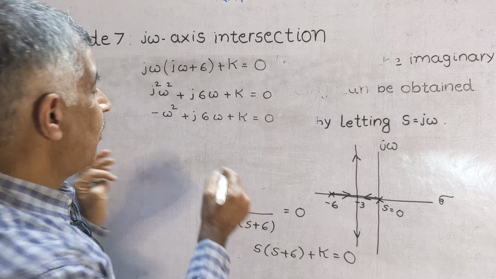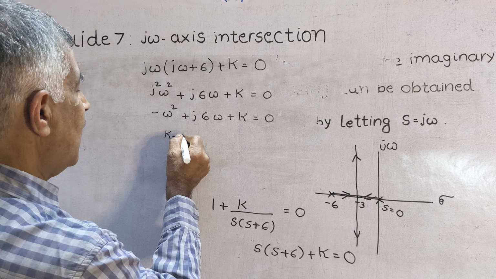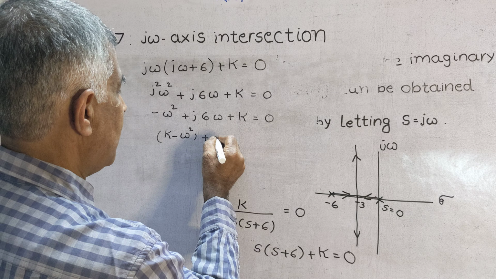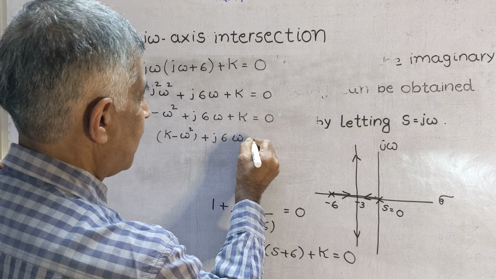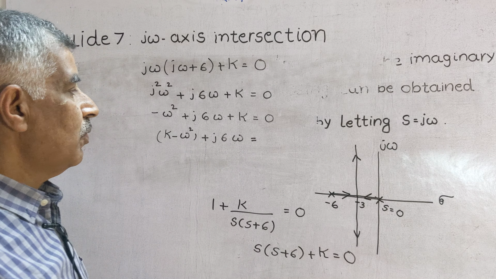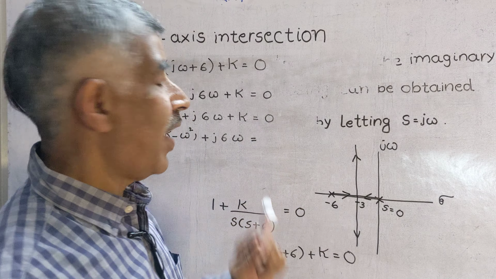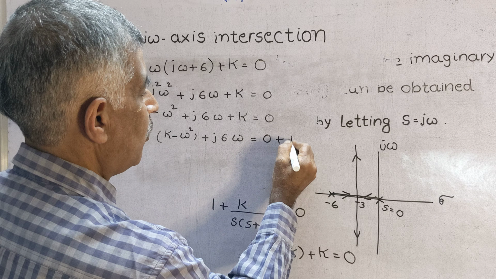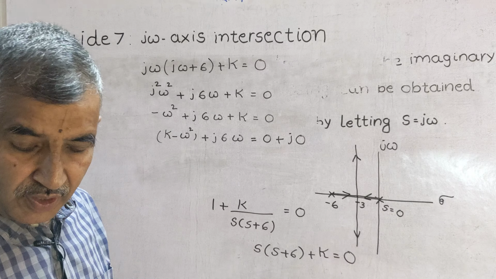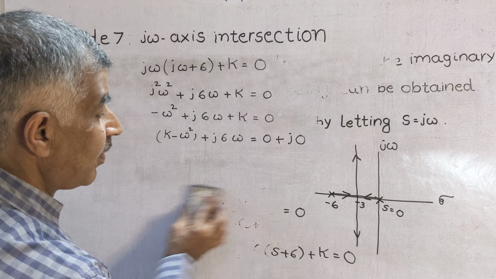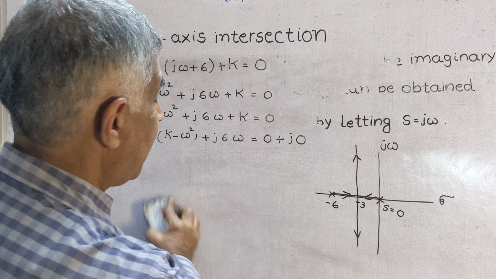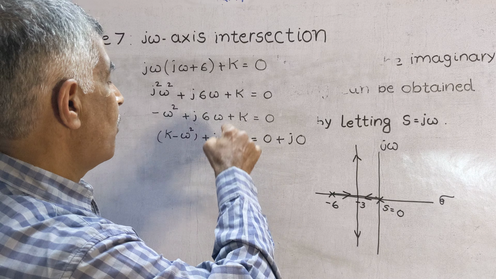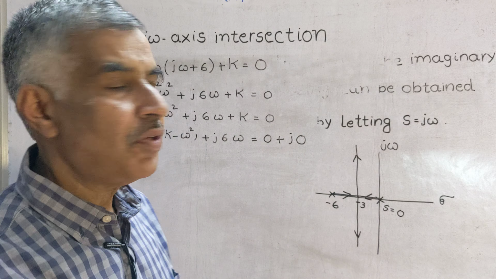Now separate real and imaginary parts: k minus omega squared plus j6 omega equal to, now I will write 0 as 0 plus j0. After separating the real part and imaginary part, the real part is equated to 0, and the imaginary part is also equated to 0.